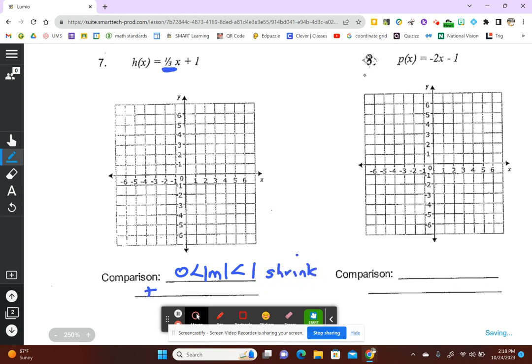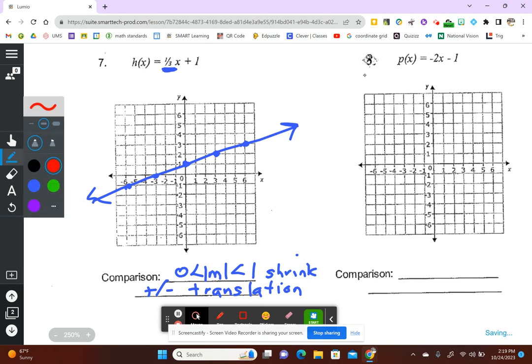And because we're adding 1, that's a translation. So it's shrinking because the slope is between 0 and 1, and we're starting not at 0. Whenever the y-intercept is not 0, it's a translation. So now I go up 1 over 3, up 1 over 3, down 1 over 3, down 1 over 3. So this is my new line, which is a shrink.